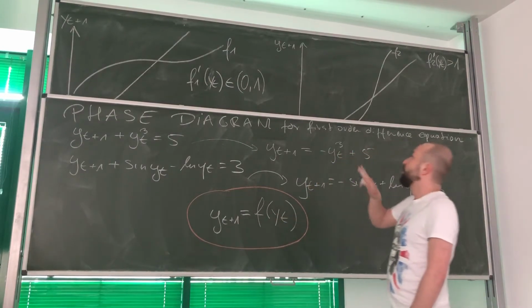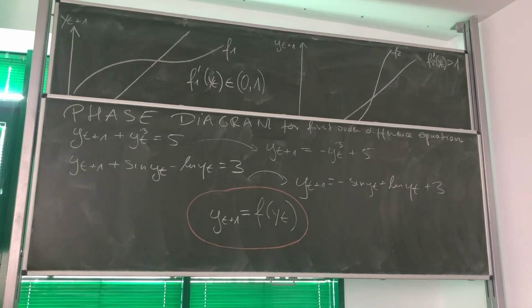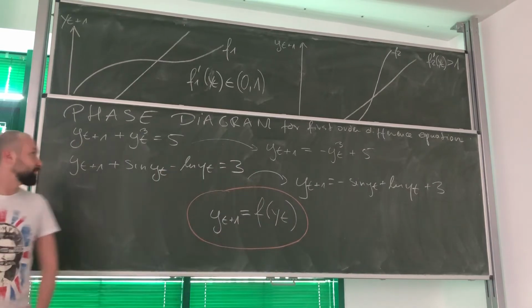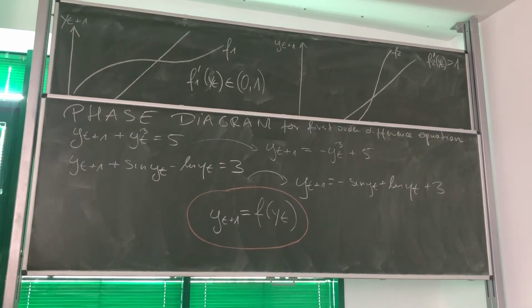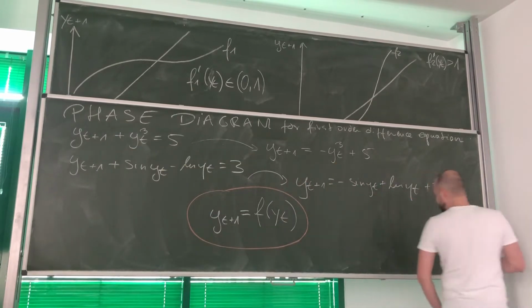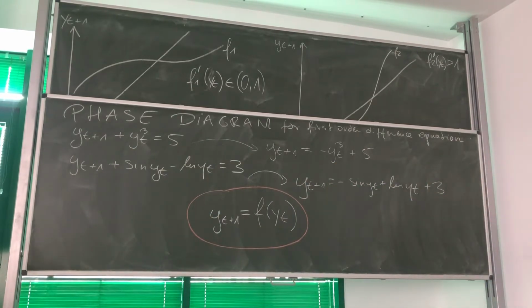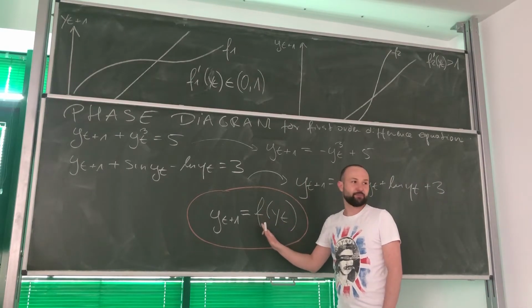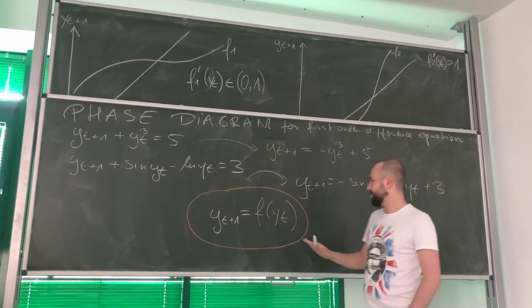And look, we can use similar tools to analyze the convergence in the case of difference equations. However, look, this function here has a very specific purpose. Look what it does.